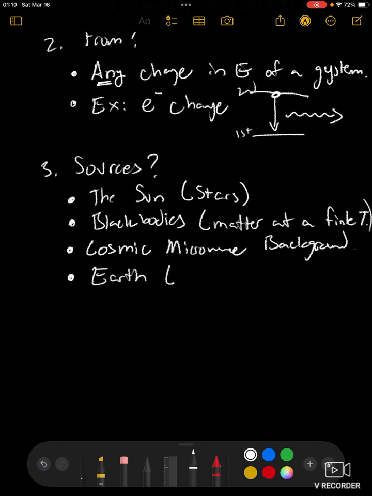The Earth emits radiation. Much of it is infrared radiation that's emitted back into space. And what's something that's even closer to home? Another source of radiation? Well, humans. Humans emit radiation, also mostly infrared.